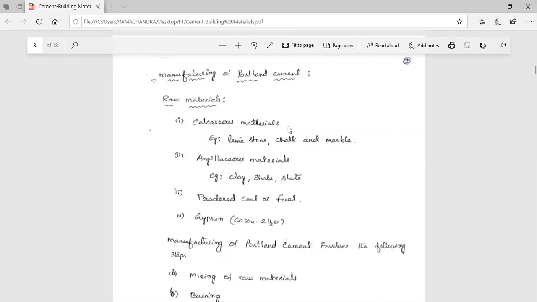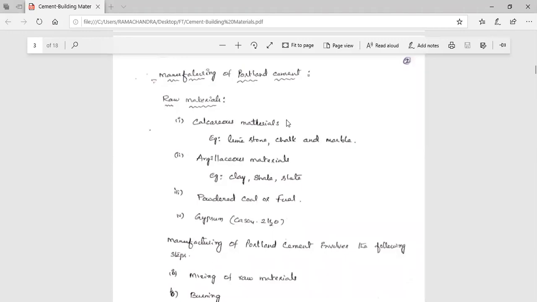For example, in calcareous matter we use limestone, chalk and marble. These are the materials present in calcareous matter.